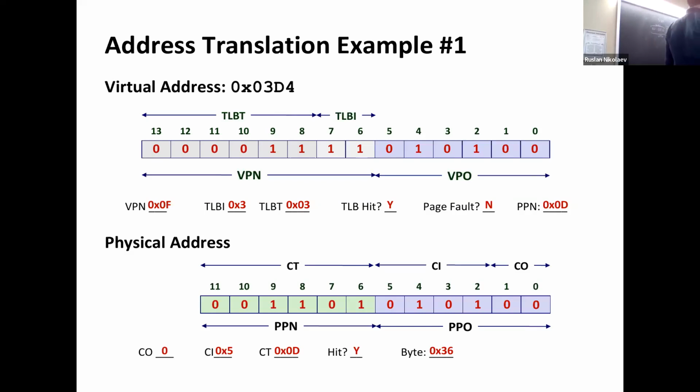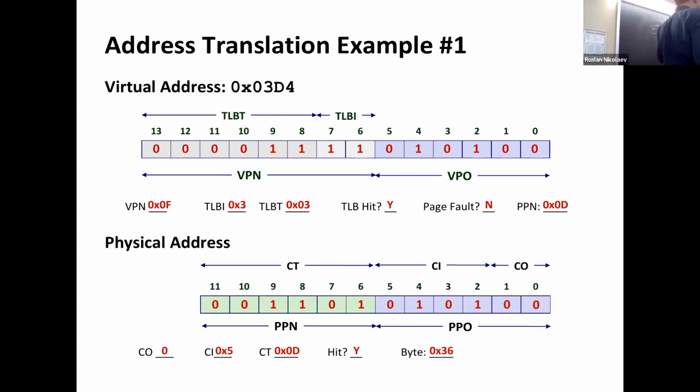The virtual page number is 00001111, so it's basically 1111, which corresponds to F. So the TLB index is 3, and the TLB tag is also 3, since 11 is 3.